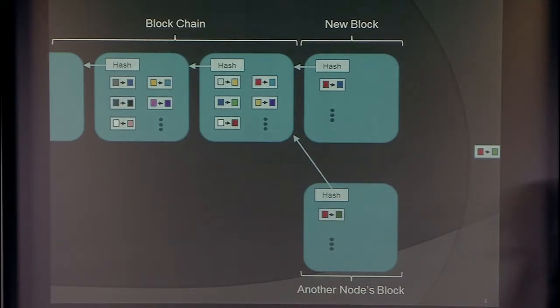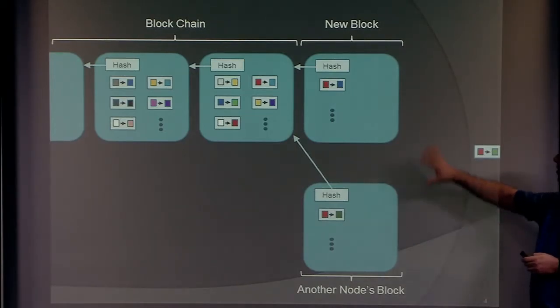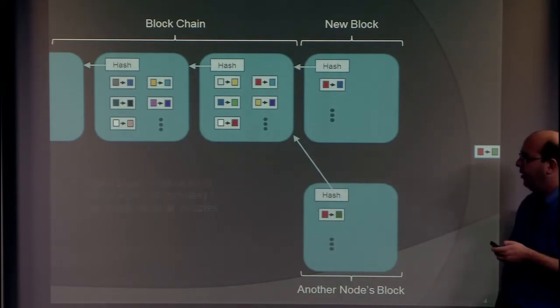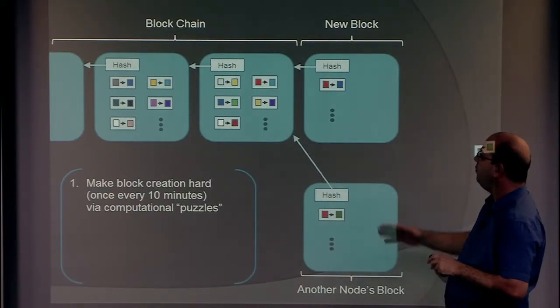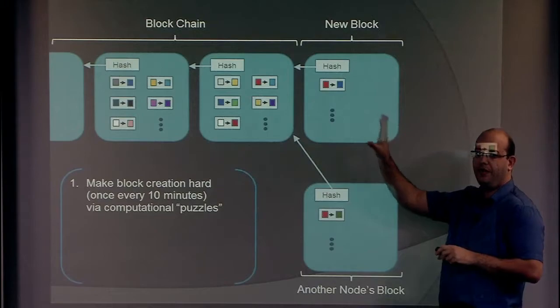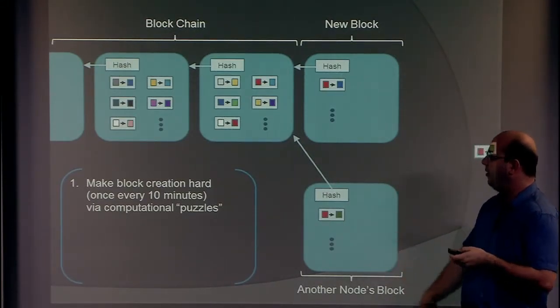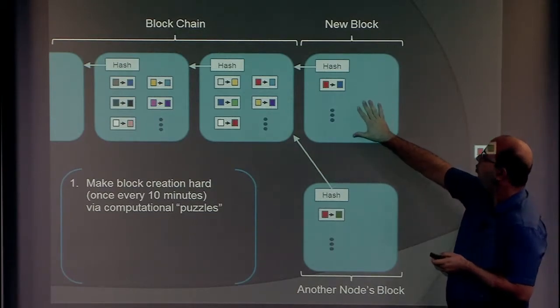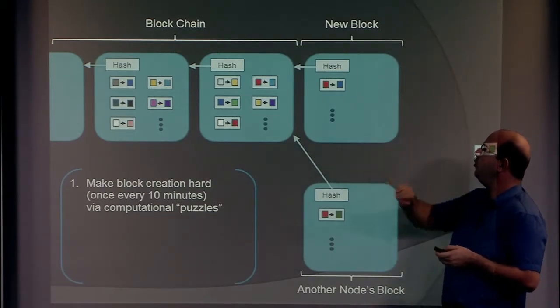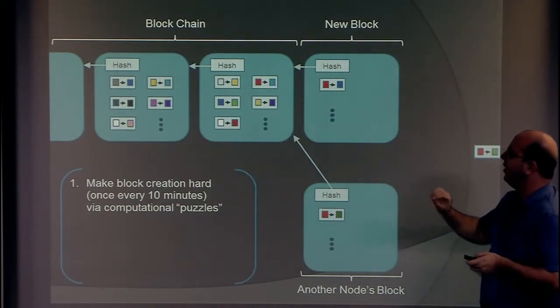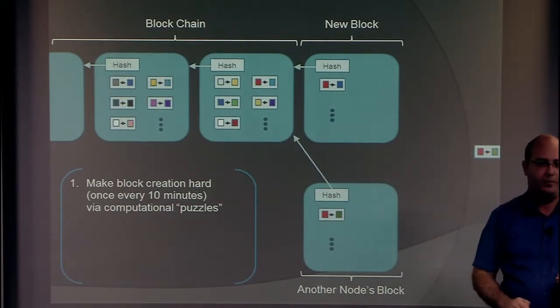So Bitcoin basically uses a bunch of rules to help settle these unfortunate events. The first rule is to make the block creation itself a very hard thing, to delay it artificially, by adding the requirement that you're going to have to do a lot of computational work and embed inside each block the answer to a very hard puzzle.